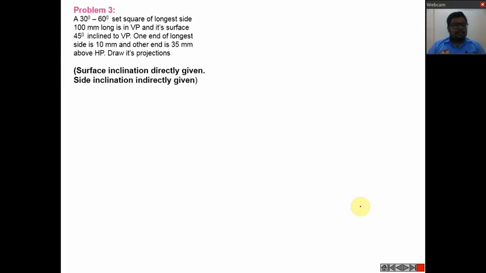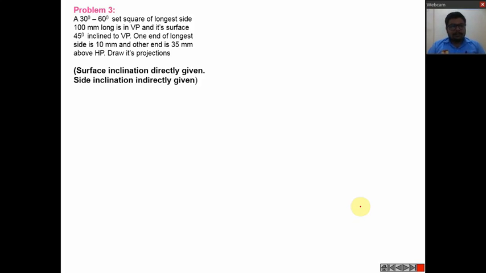A 30 degree, 60 degree set square of longest side 100 mm long is in vertical plane and its surface 45 degree inclined to VP. Now again the 30-60 set square is given with 100 mm long is in VP.